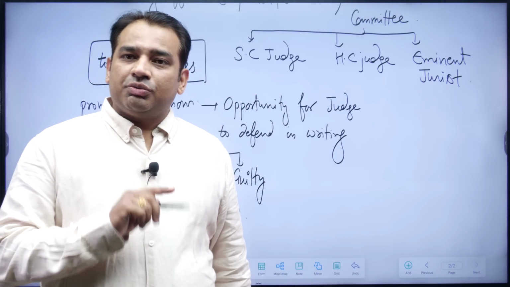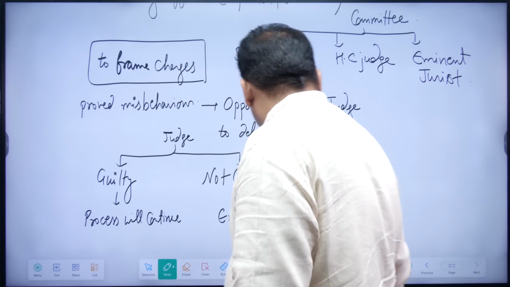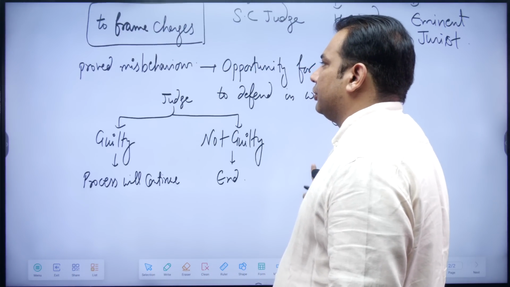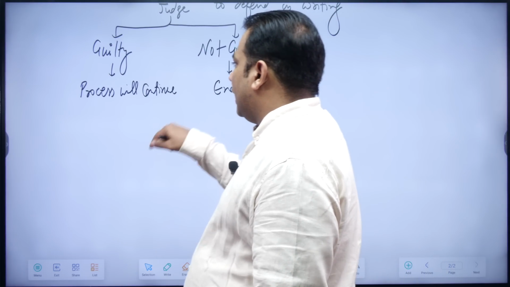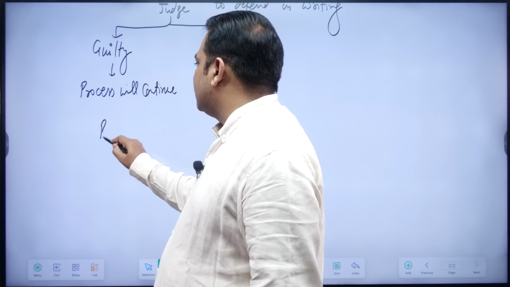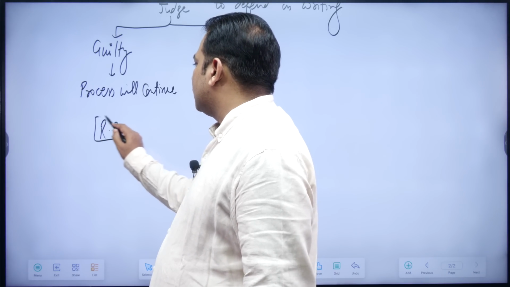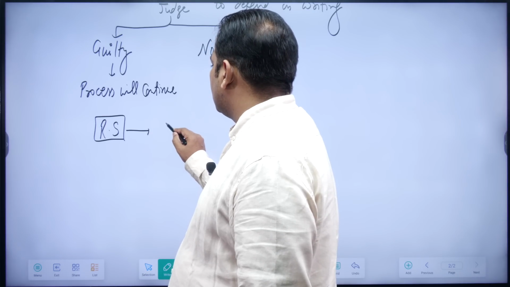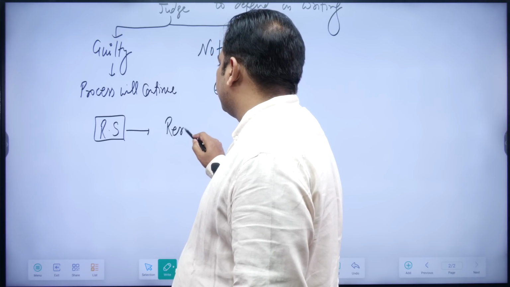So, how will the process continue? That will be done in the form of resolution. That means the house in which this matter was introduced, let us say it was introduced in Rajya Sabha, so Rajya Sabha is going to pass a resolution.